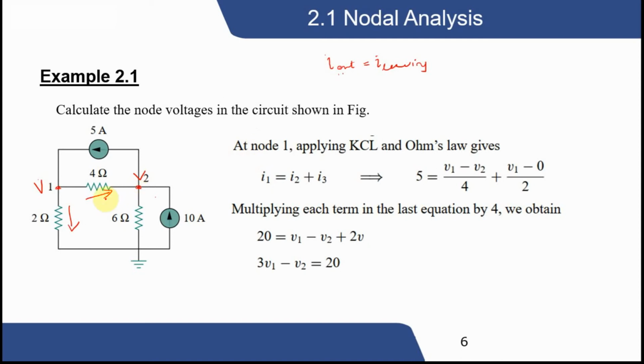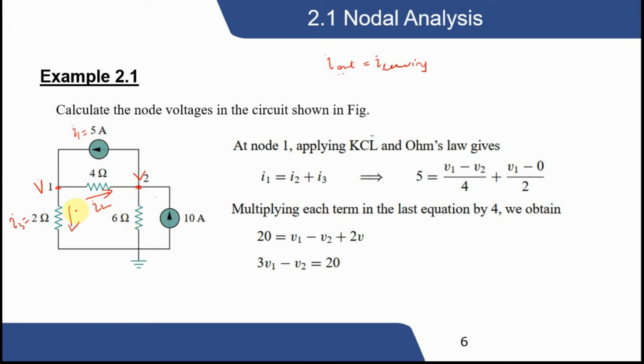Let's suppose we apply KCL at node 1. Which currents are coming inside node 1? Let's say this is I1, this is I3, and this is I2.